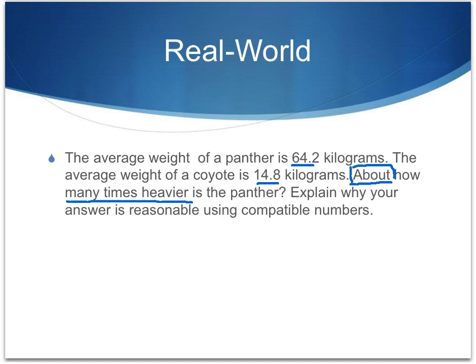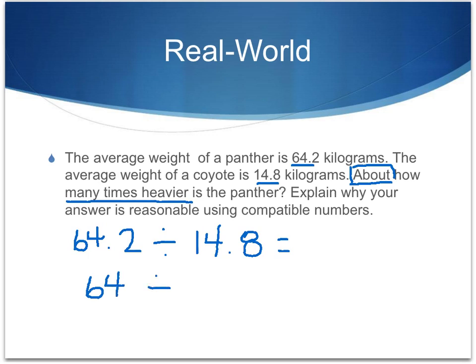So I want to take 64.2 and divide that by 14.8. This problem is a little more difficult as we're getting away from some basic fact information. I do know the number 64. When I look at that number, I could round 64.2 down to 64.